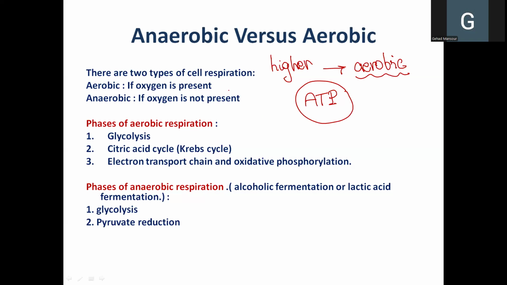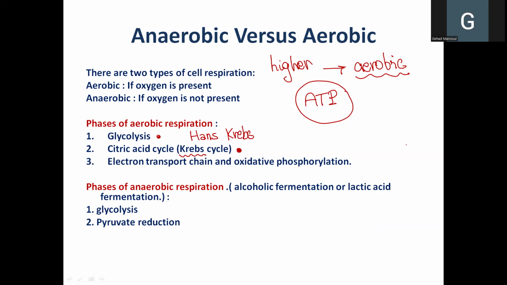So what are the phases of aerobic respiration? We have three stages or phases of aerobic cellular respiration. The first phase is called glycolysis. The second phase is called the citric acid cycle or Krebs cycle, referring to Sir Hans Krebs, who described it.